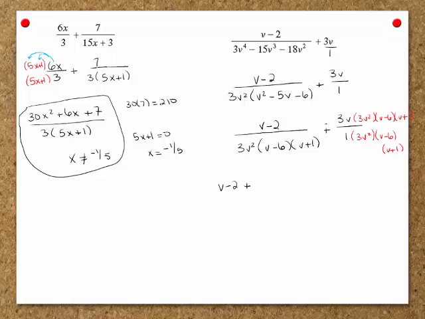So in order to do that, what I'm going to do is I'm going to do 3v times 3v squared, which is going to give me 9v to the third, times, and I know what v minus 6 times v plus 1 is. I have that right here.